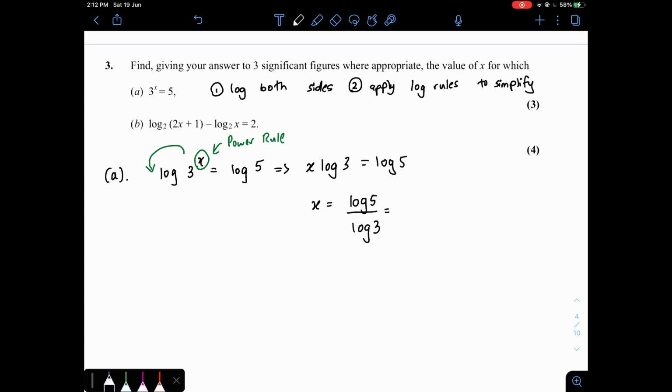So this is a tip: always write the answer to one more than required, so that you can round accordingly.